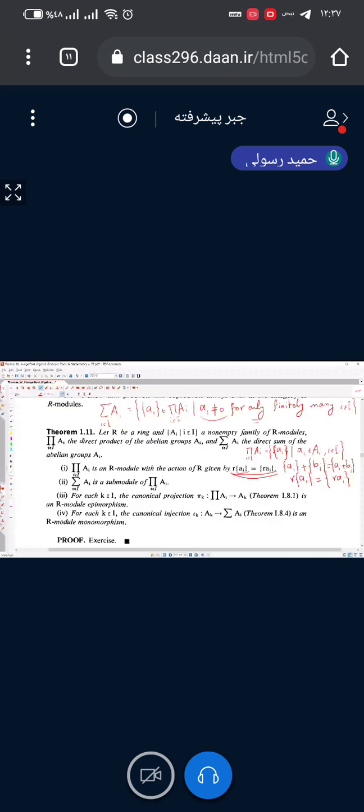It is said here that sigma of AI is a submodule of product of AI.